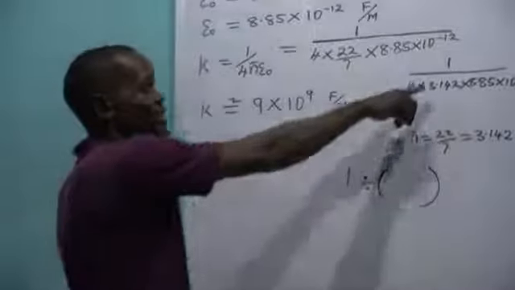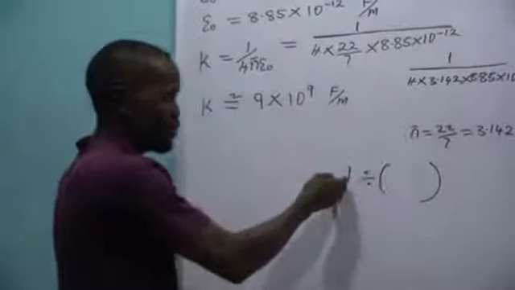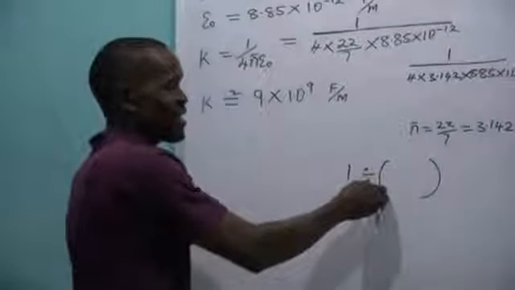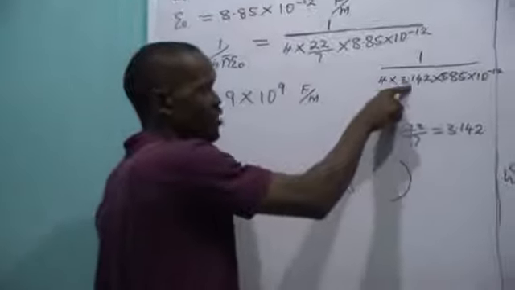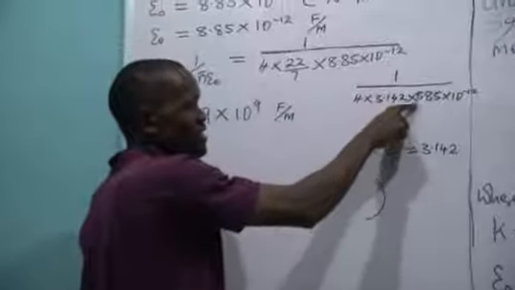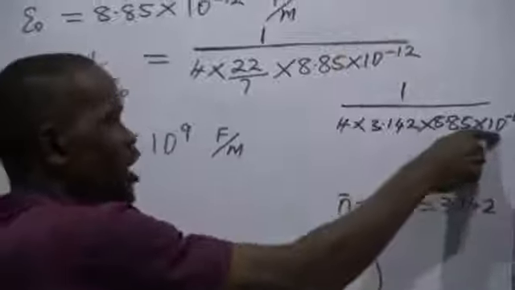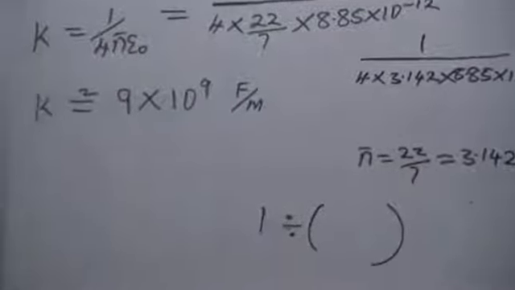You just press 1, press division, open the bracket. Press 3.142, press times 8.85, shift log, and then close the bracket. You must close the bracket before you get it.